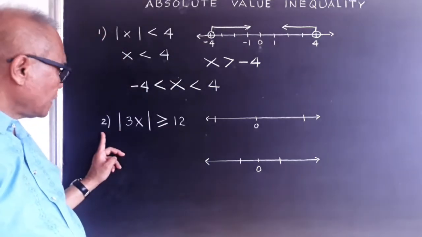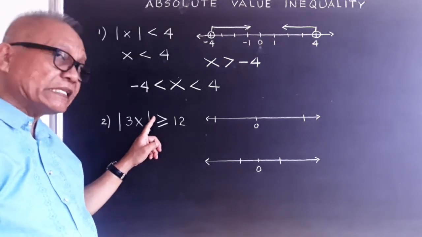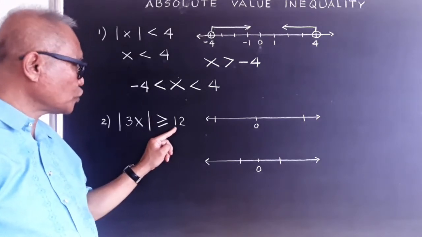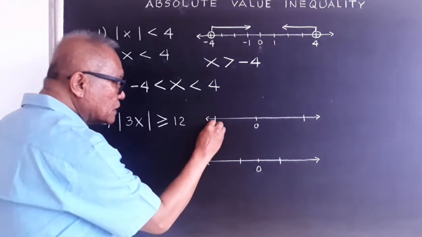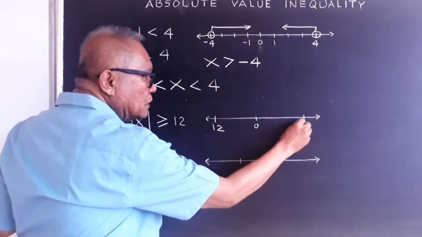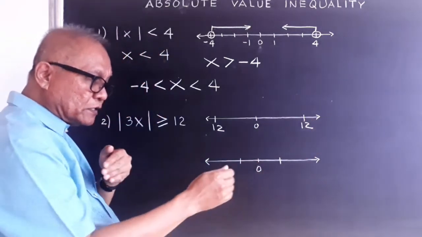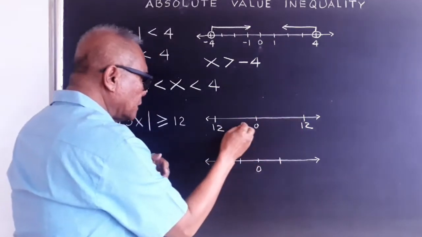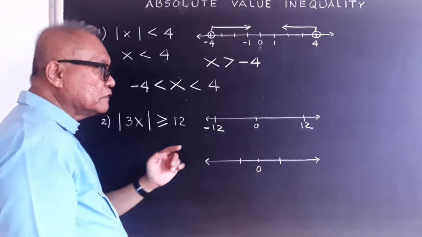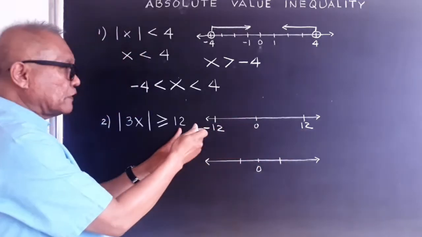Number 2, we have the absolute function of 3x is greater than or equal to 12. So here, the 12 is the range of our solution. This was -12 and 12, 12 units to the right, 12 units to the left.